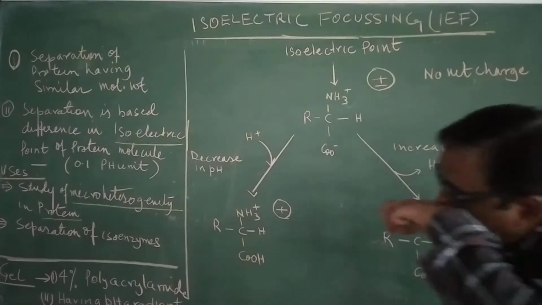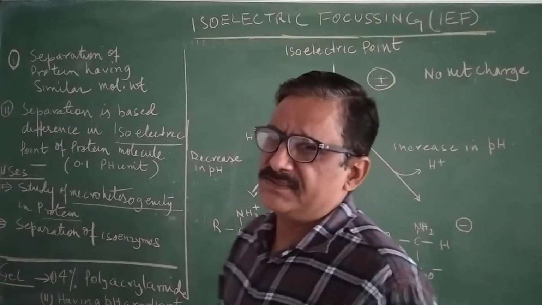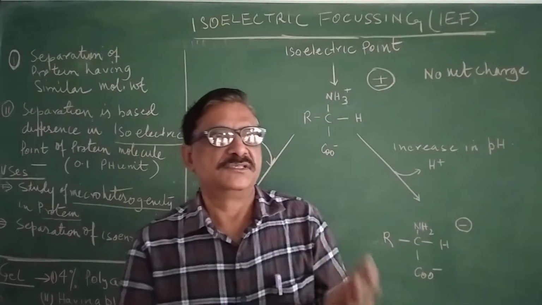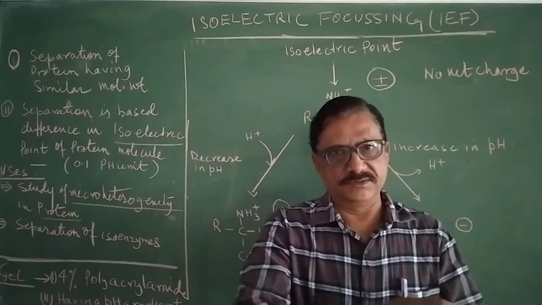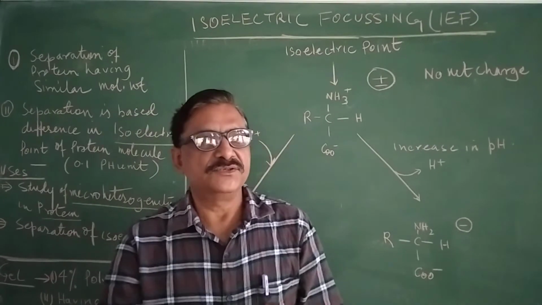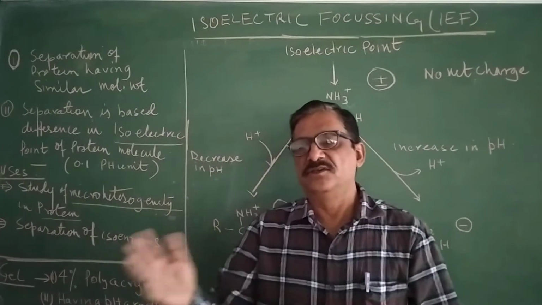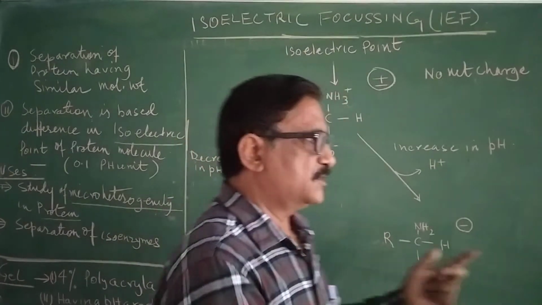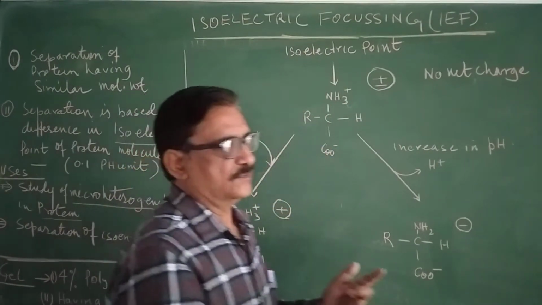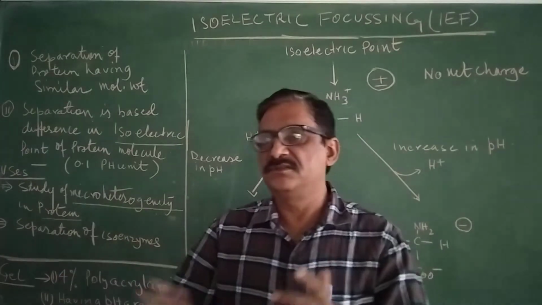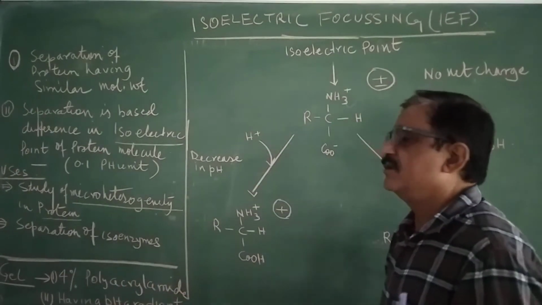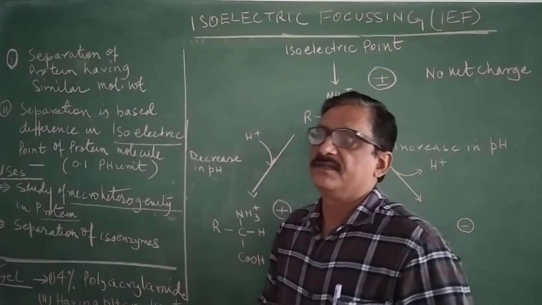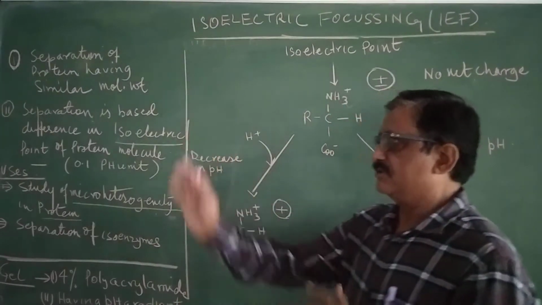For example, the protein or enzyme molecule having one phosphate group, some protein has two phosphate groups, or some protein of the same type has three phosphate groups. This mono, di or triphosphorylation does not contribute to any change in the molecular weight, but definitely they change the charge on the protein.